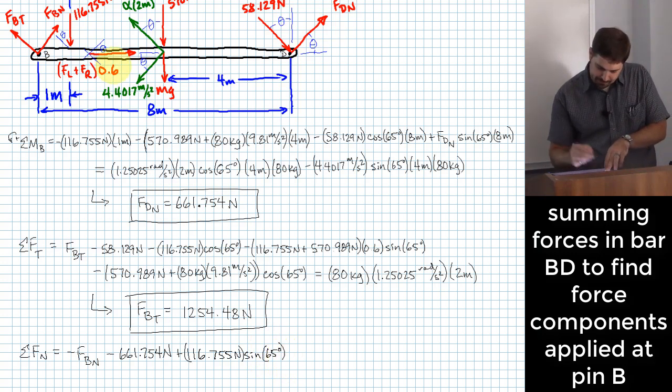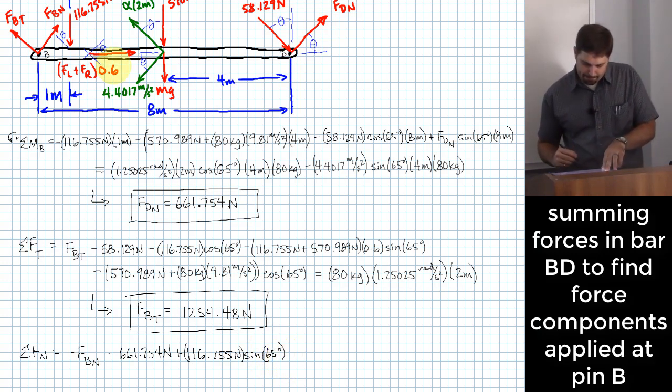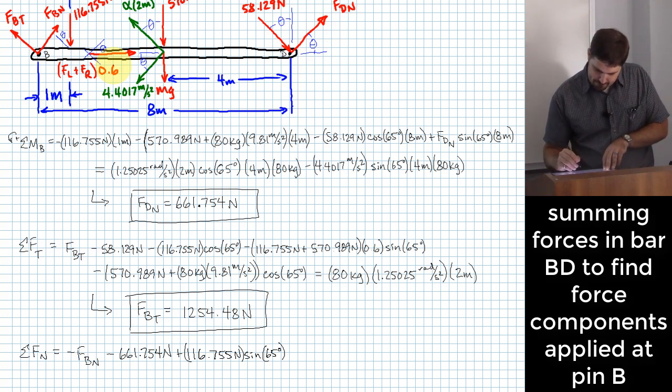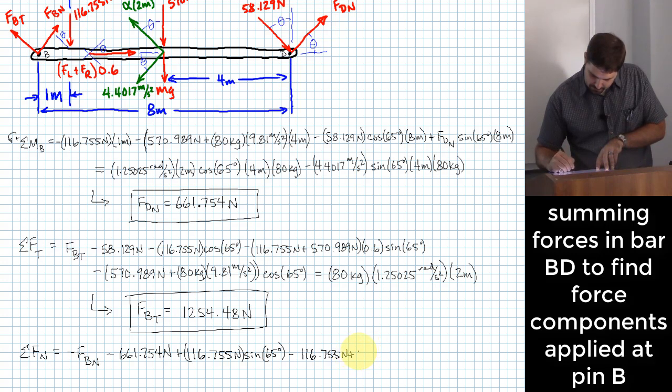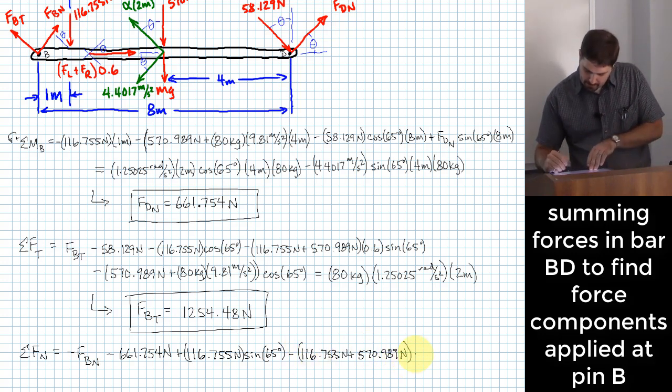Okay. Then what? Minus 116.755 newtons plus 570.989 newtons times 0.6 times the cosine of 65 degrees.